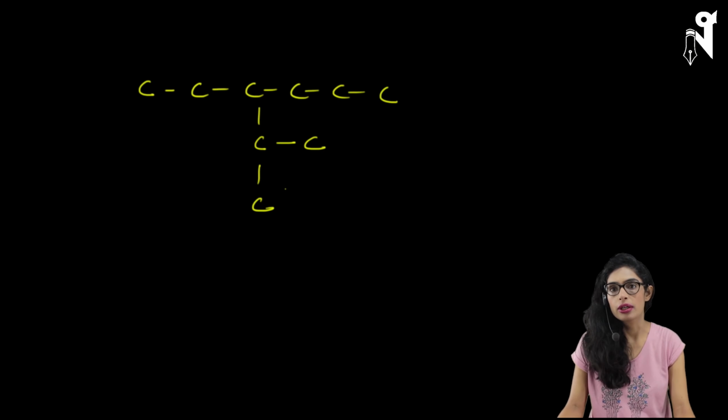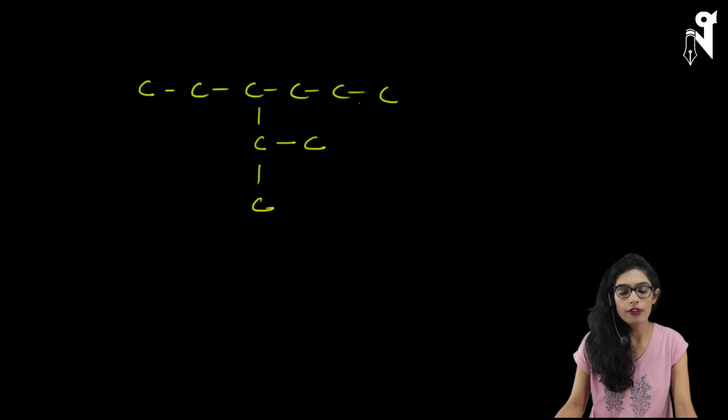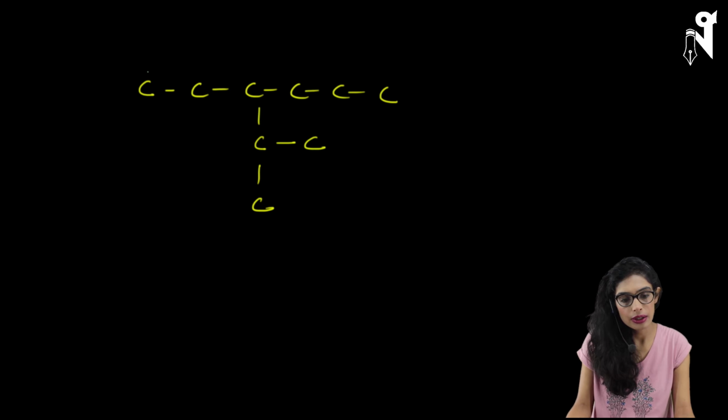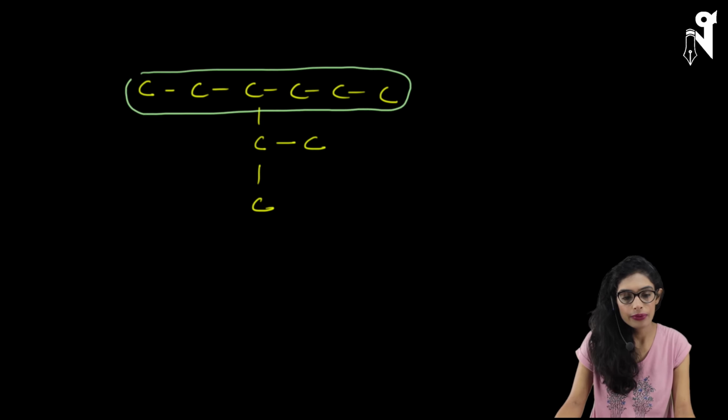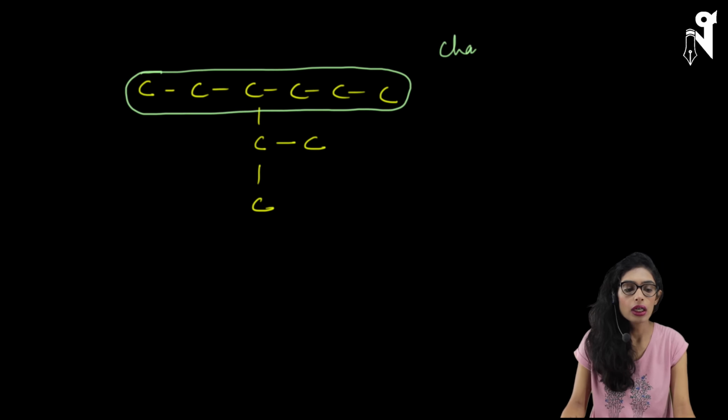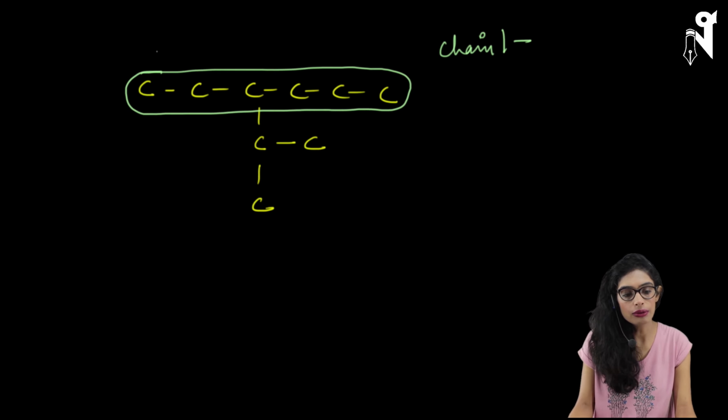So this is my chain. I'm assuming the hydrogens are already filled. If I go straight and mark chain 1, this is possibility 1. How many carbons does it contain? 1, 2, 3, 4, 5, and 6.